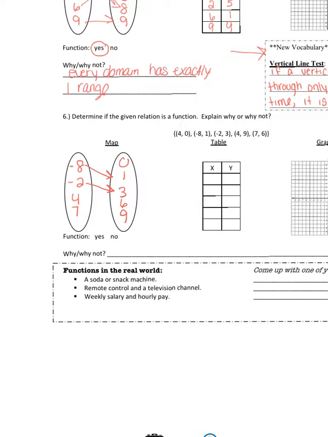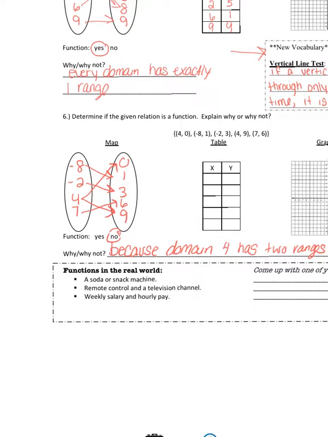Let's see, 4 is with 0, but it's also with 9, and 7 is paired with 6. So before I even go on to the table and the graph, I know it's not a function. And I would say because domain 4 has 2 ranges, and I should only have 1.